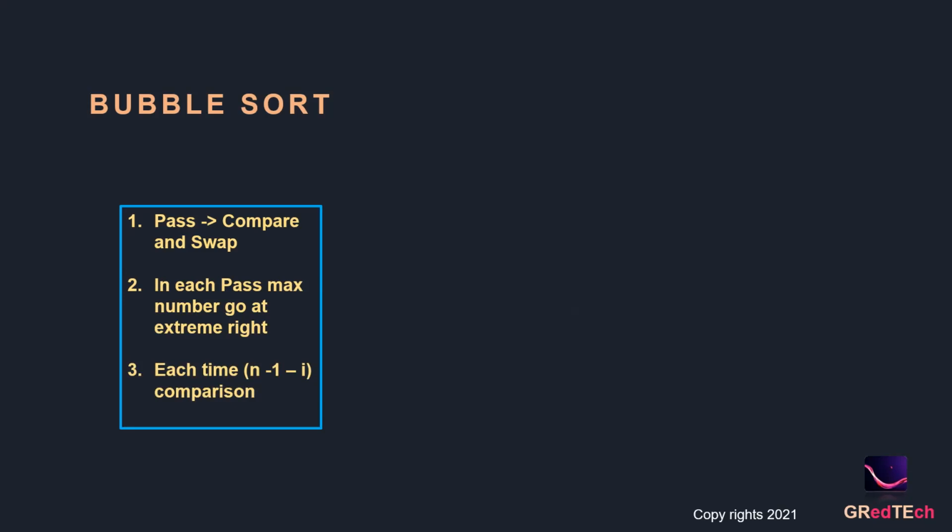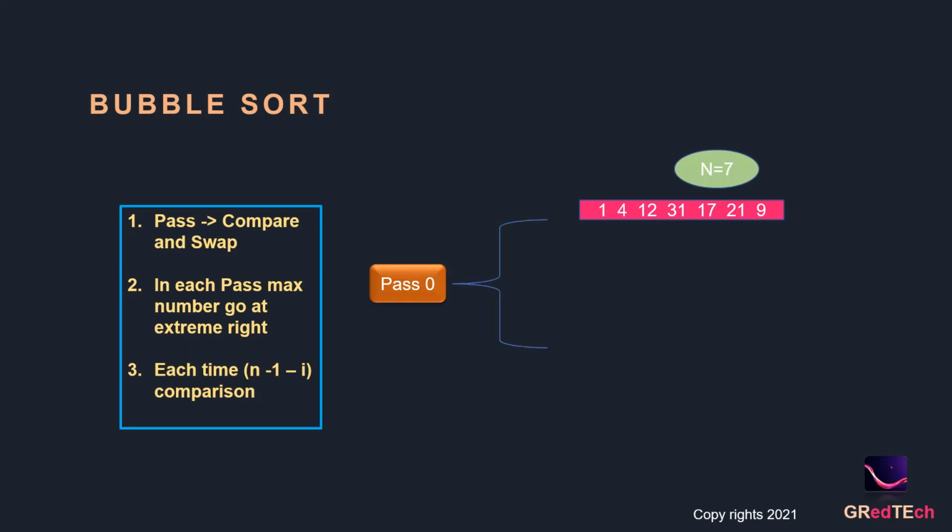Let me give you an example. Suppose I have pass 0, and this array as the elements. As you can see, there are 7 elements. Pass zero means I take a loop, and it goes from 1 to 9. There I have to compare the values, only two values at a time.